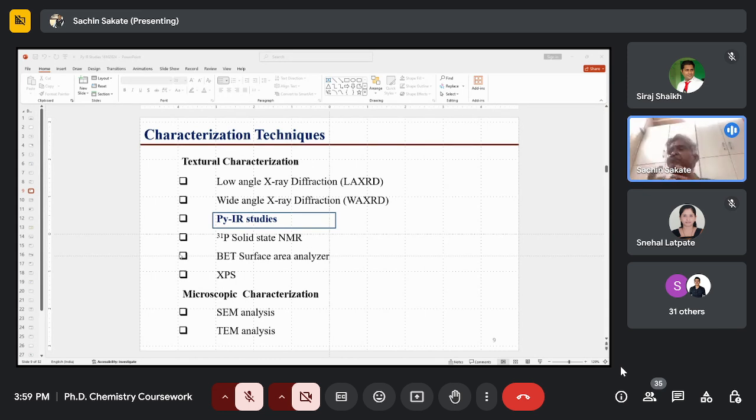So you have to keep in mind that we are dealing with the structural chemistry, or the structural characterization, of the catalyst. We are going to mainly focus on the pyridine IR studies.